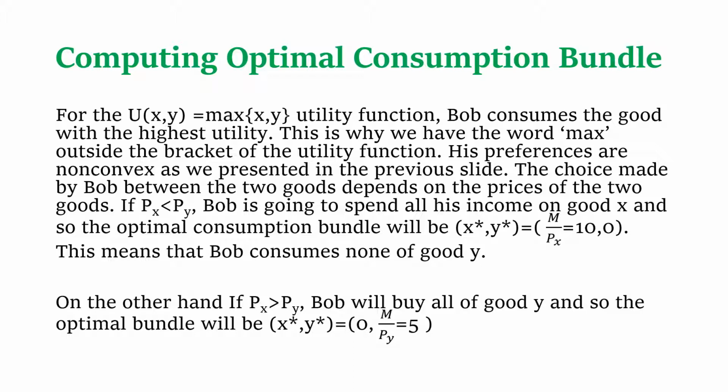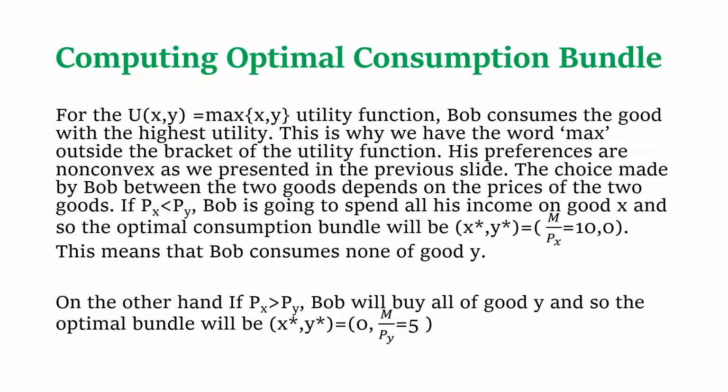Now, for the utility function, U(x, y) equals max, Bob consumes the goods with the highest utility. This is why we have the word max outside the bracket of the utility function. His preferences are non-convex, as we presented in the previous slide. The choice made by Bob between the two goods depends on the prices of the two goods.